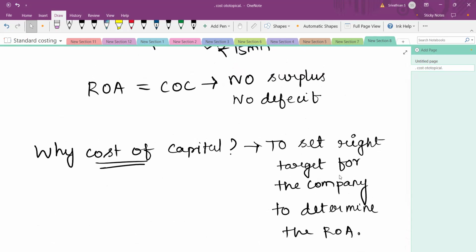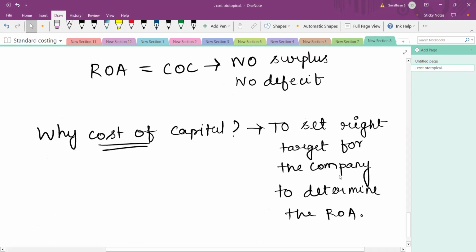And along with that, I will also have some surplus fund in my hand. I hope it is clear. So cost of capital, first we discussed what is cost of capital, the minimum rate of return that the company should generate to keep all the investors satisfied. Second, we discussed why cost of capital is important. Cost of capital is important to set the right target for the company to determine the return that they need to generate.